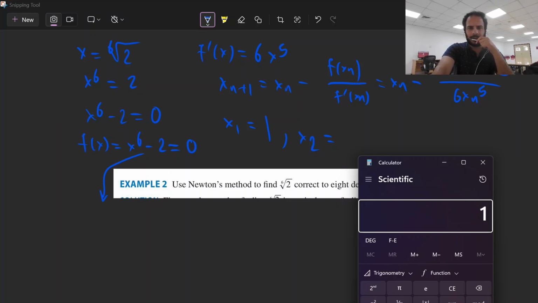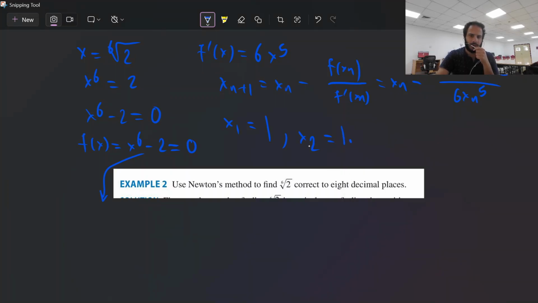You have 1 minus, open parentheses, 1 power 6 is 1, minus 2, close the parentheses, then divide by open parentheses, 6 times 1. You get 1.16 repeating. So you write it like this, 1.16 repeating. Remember, the function is x to the 6 minus 2, but I forgot the minus 2 before, and I added it now. It's here, minus 2, okay?